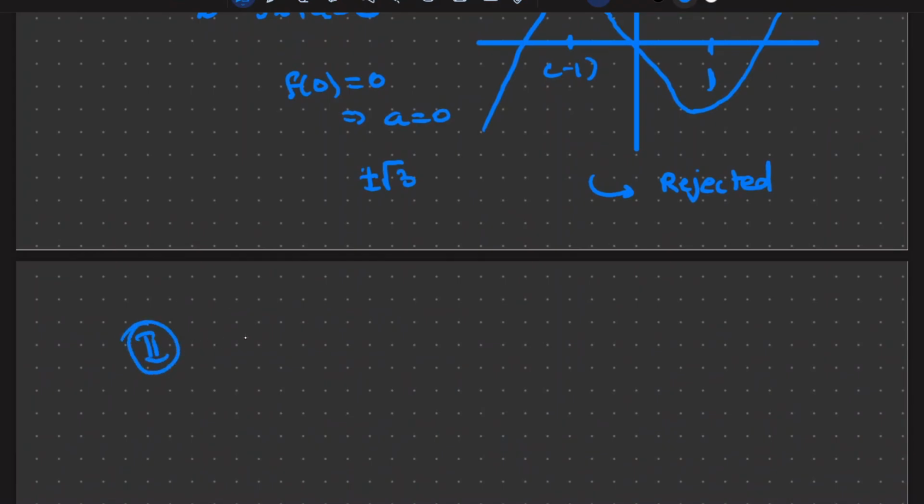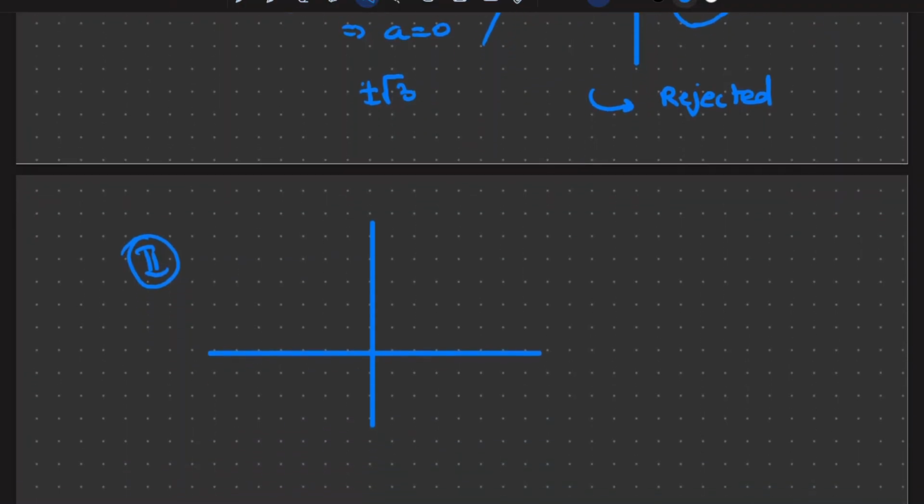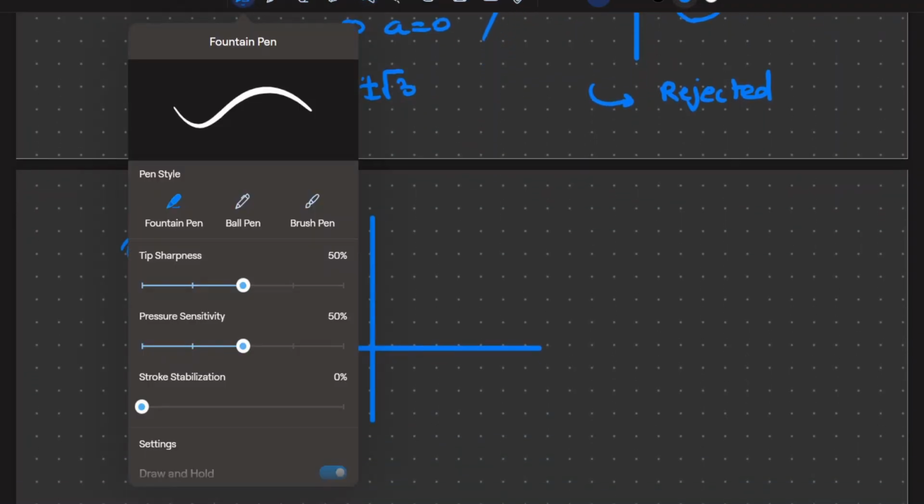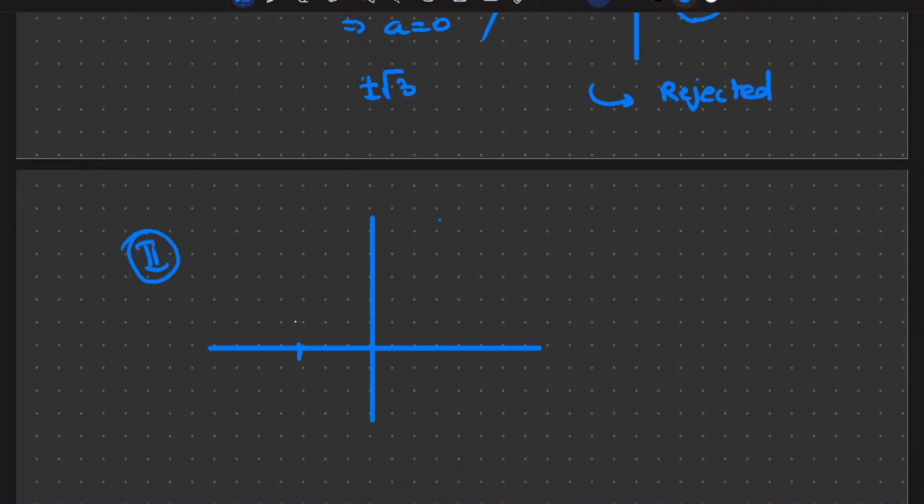Moving on to the next case. I've drawn the coordinate axis. We know that it has extrema at x is equal to minus 1 and 1. In this case we are going to assume that it has two equal roots and one distinct root.